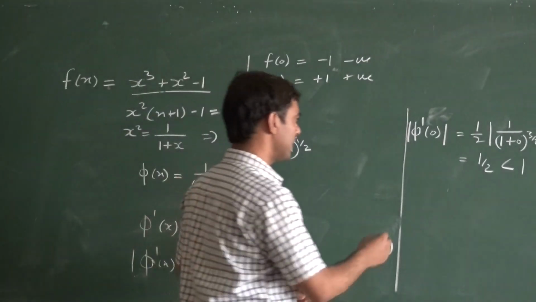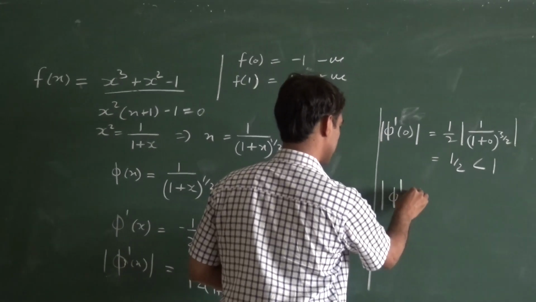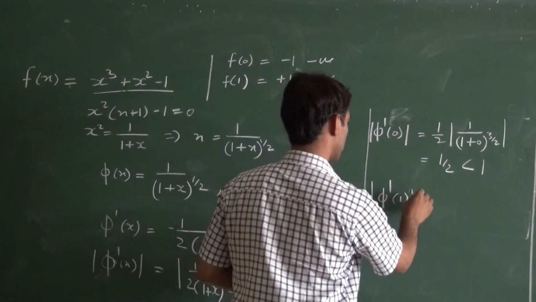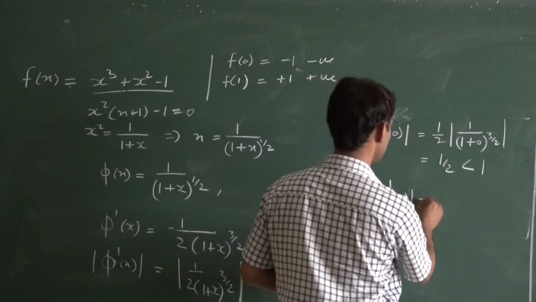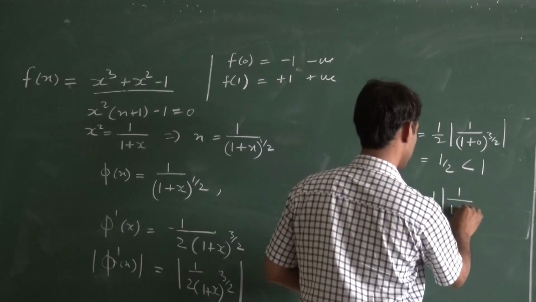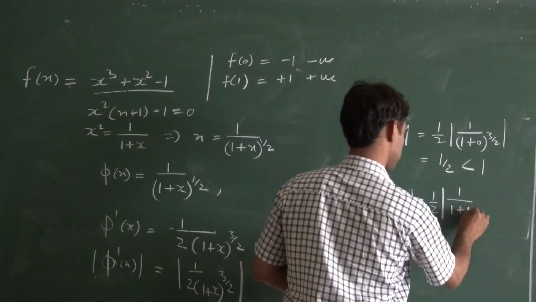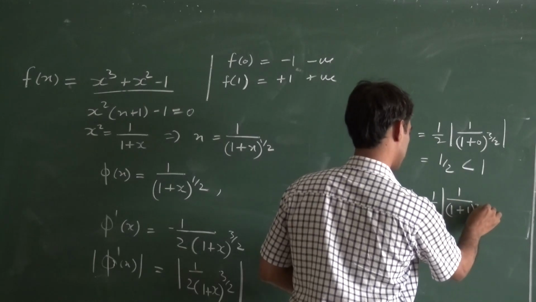Now what will happen at 1? Mod of phi dash 1 equals 1 by 2 times 1 upon 1 plus 1 to power 3 by 2.